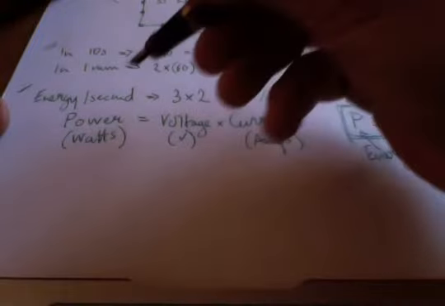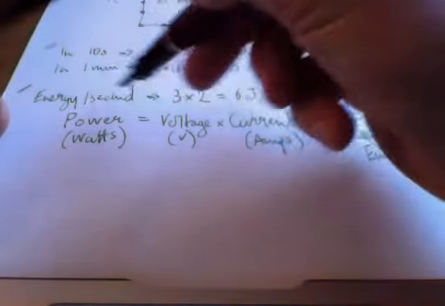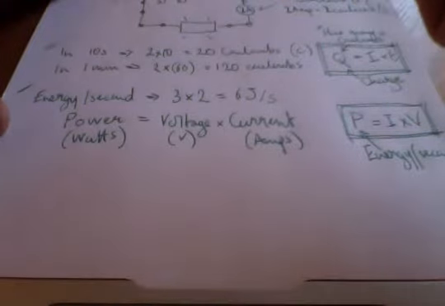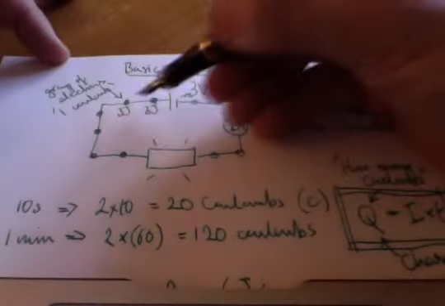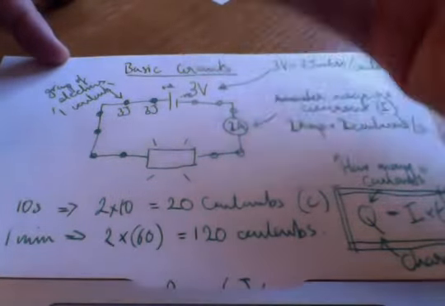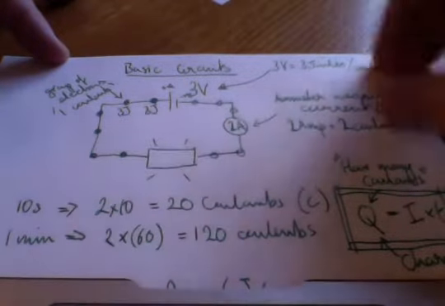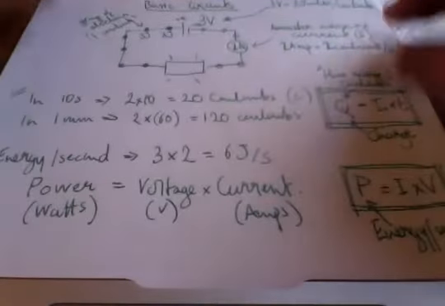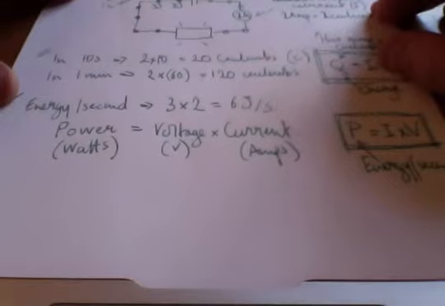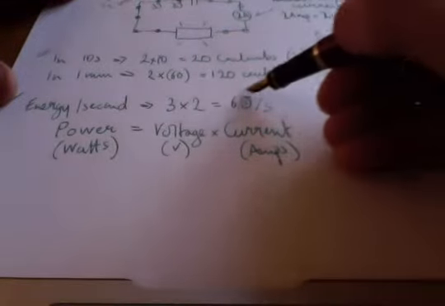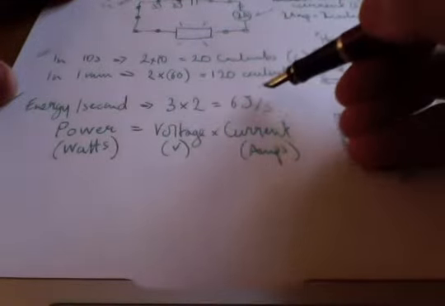If we know that the energy per second is the power, then we might, in some instances, have to work out the total energy the battery has used in a certain time. So how much energy is poured out of this battery, say in 10 seconds or 1 minute? So how are we going to do that? Well, let's say we know how much energy per second is coming out of the battery.